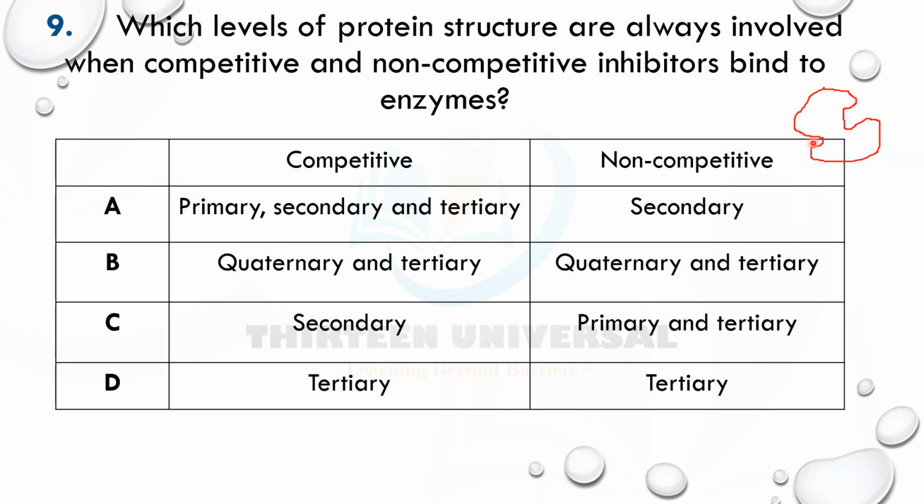This is the active site. There's another site other than the active site. This is called the allosteric site. That is active, that's allosteric. Non-competing inhibitors bind to the allosteric site and change the shape. Competing inhibitors bind to the active site and block the substrate. So they are all tertiary structure, because they are 3D shape. They're not secondary, they're not quaternary, just tertiary structure. So the answer is D.